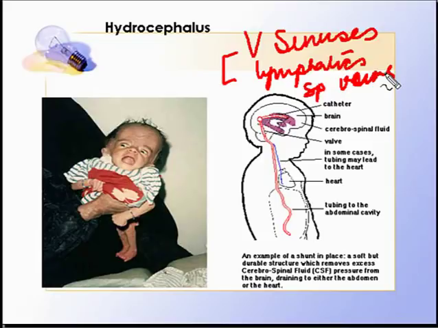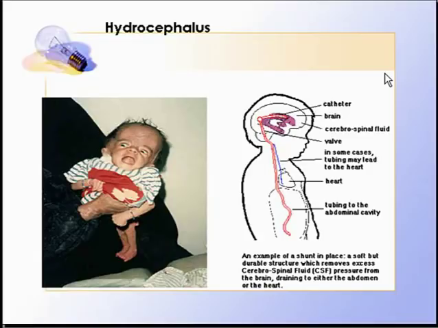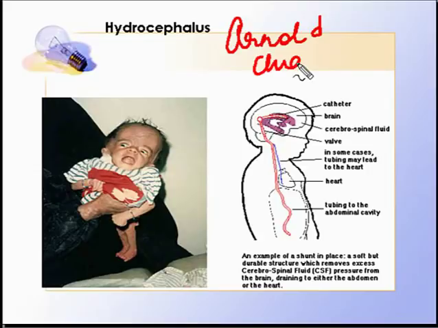Now there's a condition which is known as Arnold-Chiari malformation.